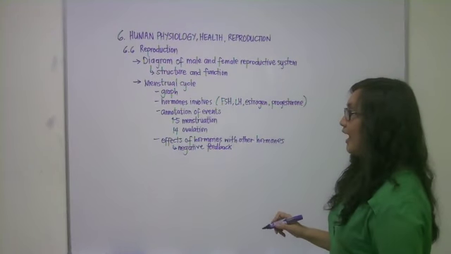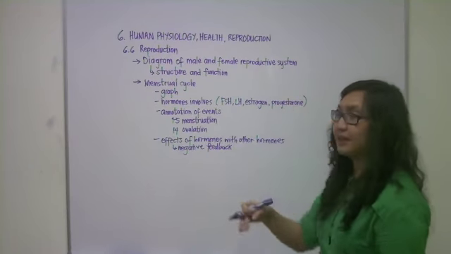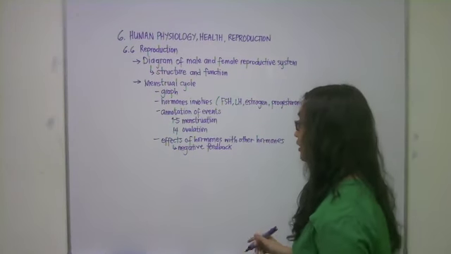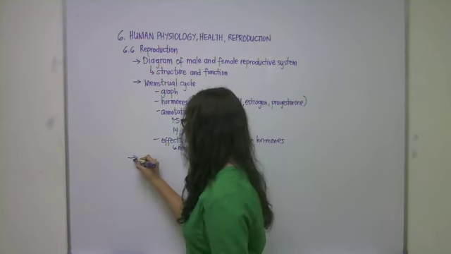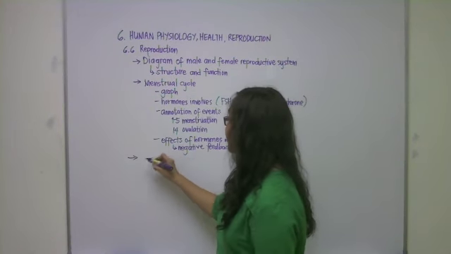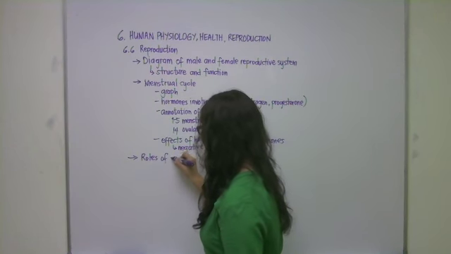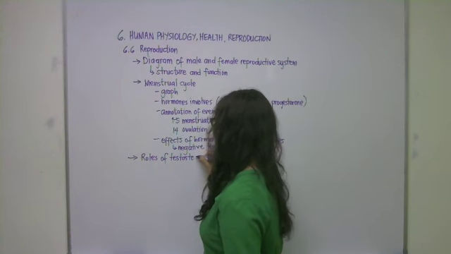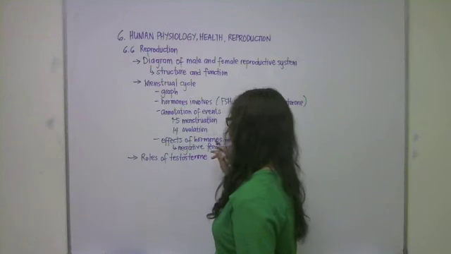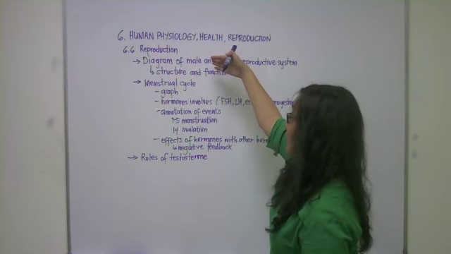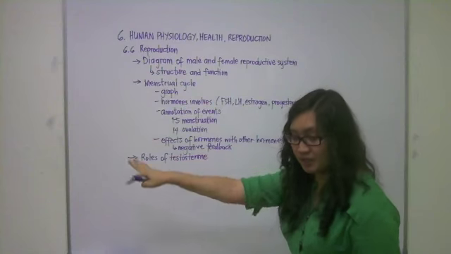Okay, so right after explaining the menstrual cycle, we will briefly explain the roles of testosterone. Actually, we can explain this right after explaining the structure and the function of the male reproductive system.